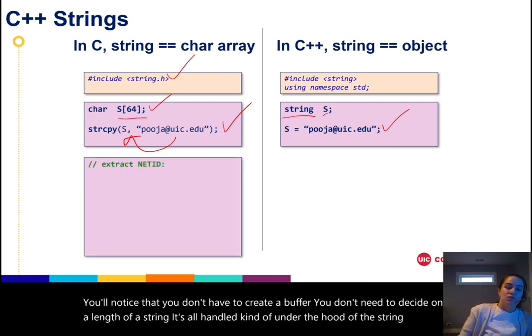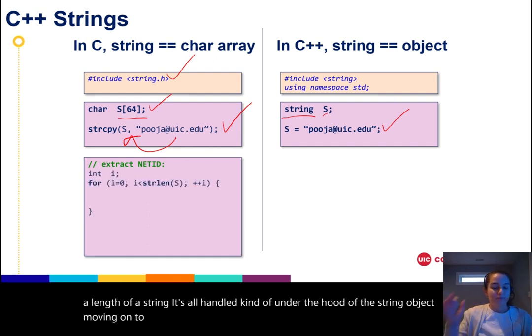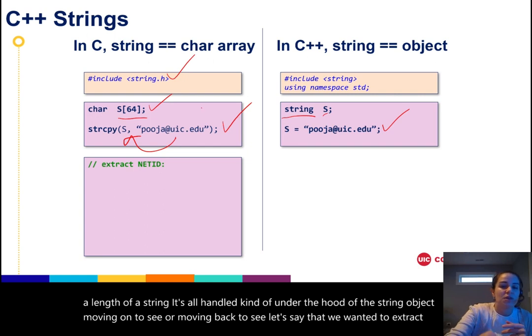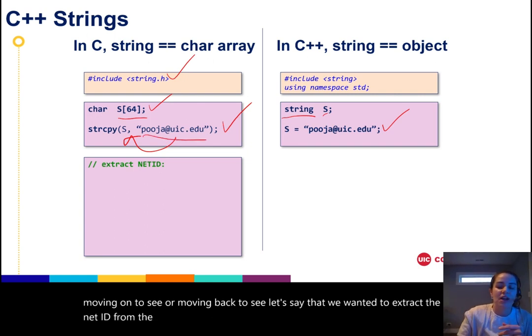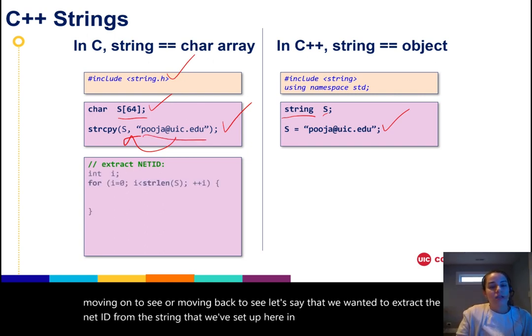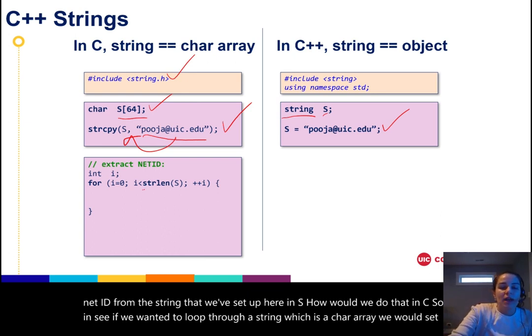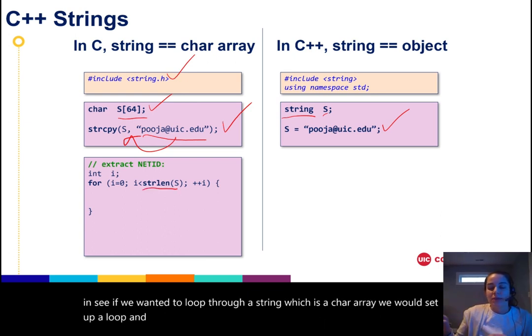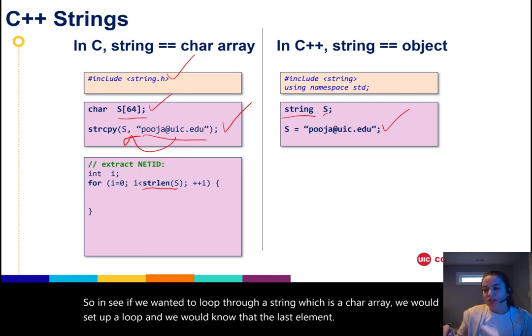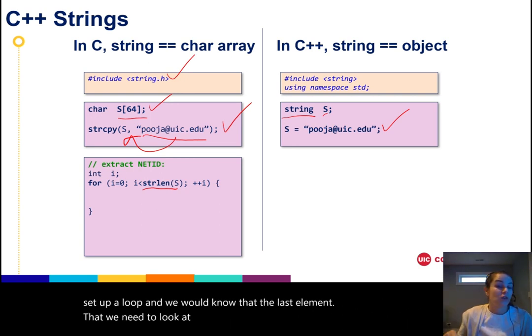Moving back to C, let's say that we wanted to extract the net ID from the string that we've set up here in s. How would we do that in C? In C, if we wanted to loop through a string, which is a char array, we would set up a loop, and we would know that the last element that we need to look at can be found at location strlen of that character array.